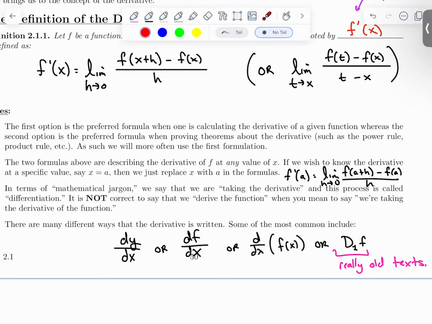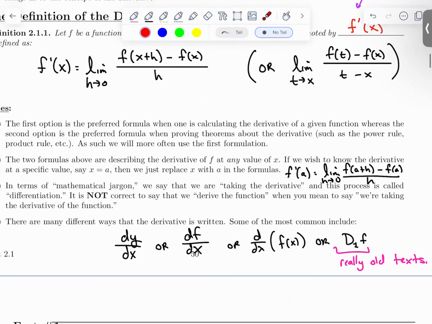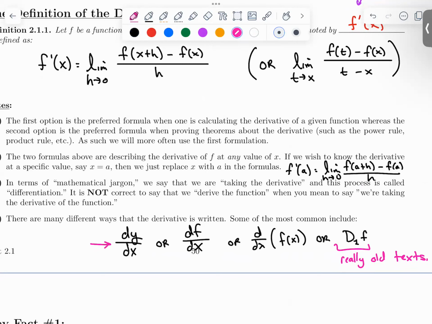So fun fact about that. Newton's definition, while easier to compute derivatives, doesn't give the same intuition. And as an aside, dy dx, that's that thing. It's not, technically, a fraction.